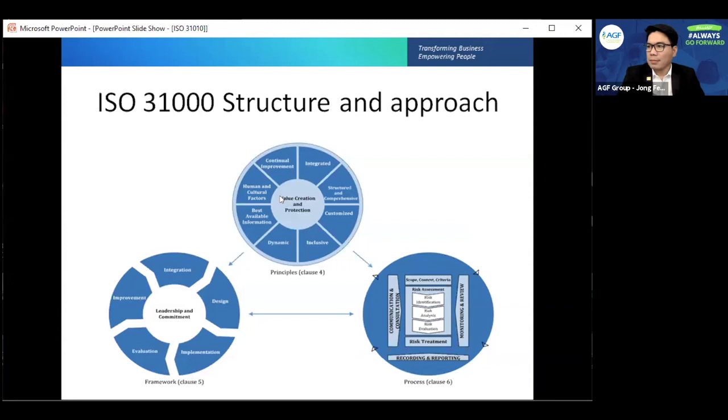The 31,000 promotes the principles of setting up a suitable framework sa inyo. And the framework na itatayo ninyo will be the basis of yung process na gagawin ninyo. Yung process na pinakita kanina ni Sir Jong. Yan ang tinuturo ng 31,000. But it tells you the cycle of yung risk management process, di ba?